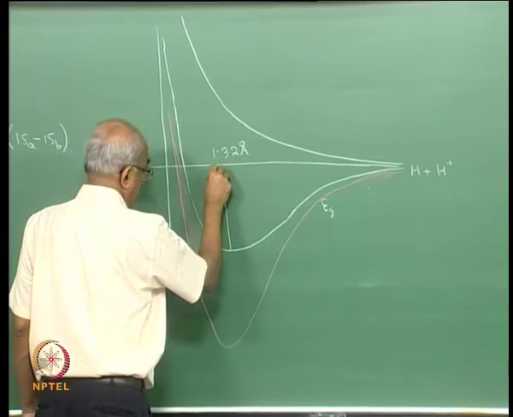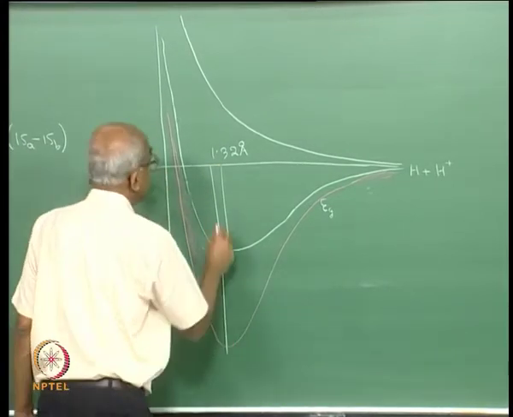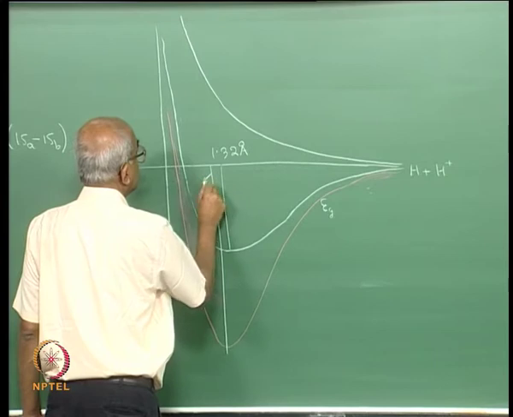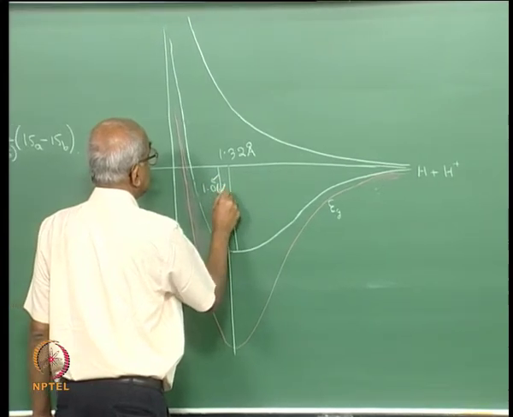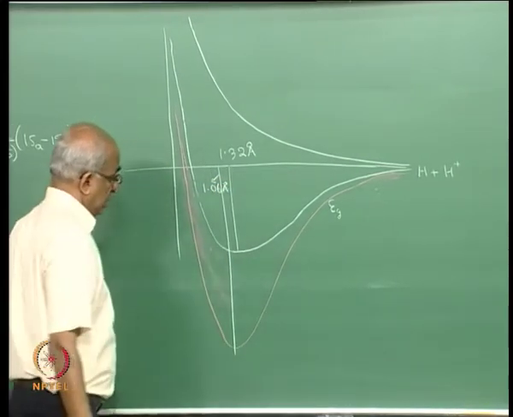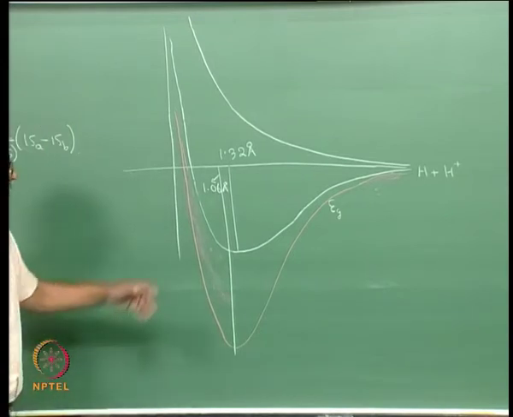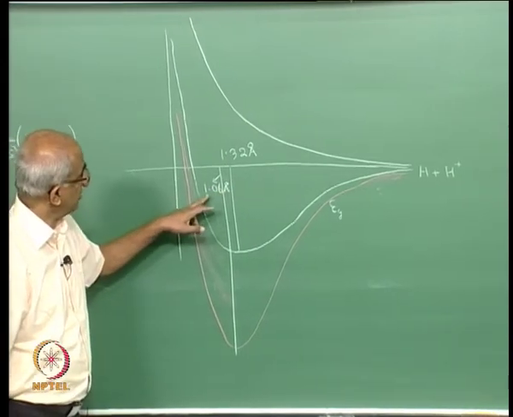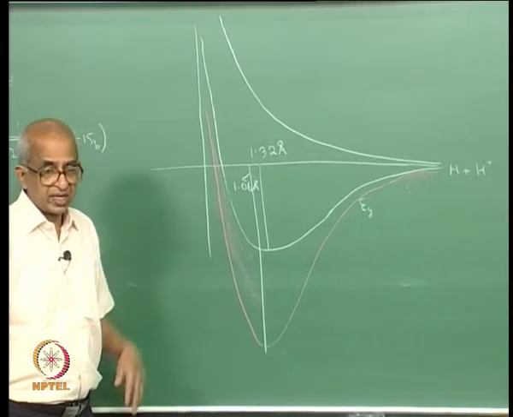And the minimum occurs at 1.06 angstroms. Theoretically it is 1.32 and 1.06 is the experimental answer.